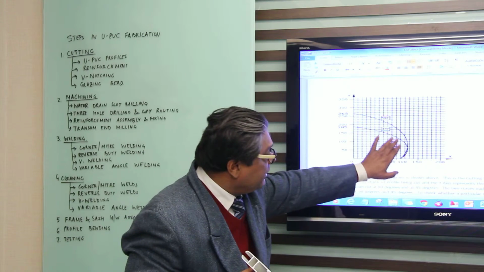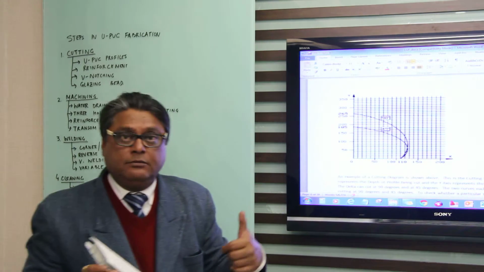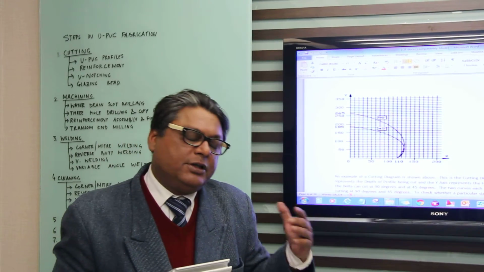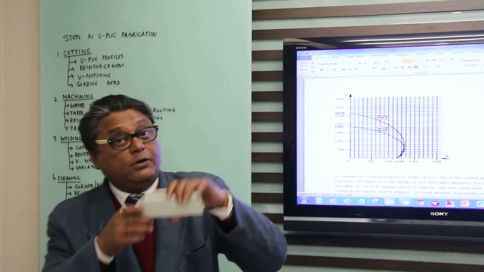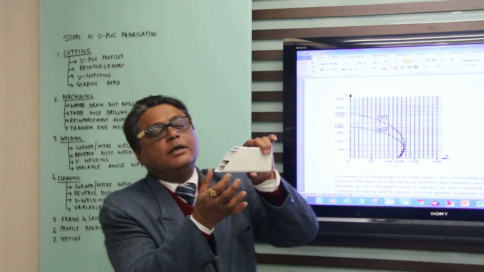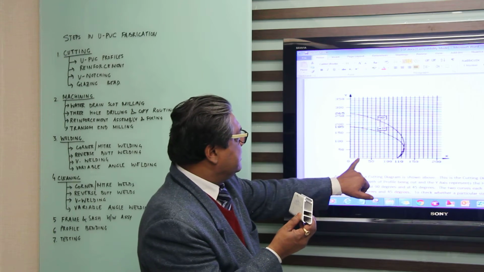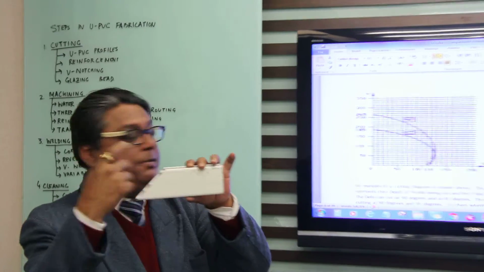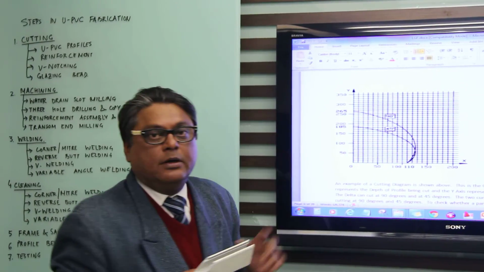So if it falls within this 45 degree curve, the job is within the capacity of the saw. When you are doing a rear to front cutting, this is how you will be placing. This dimension, 30, will be coming on the x-axis, and 110 will be coming on the y-axis, up. That's how you decide.